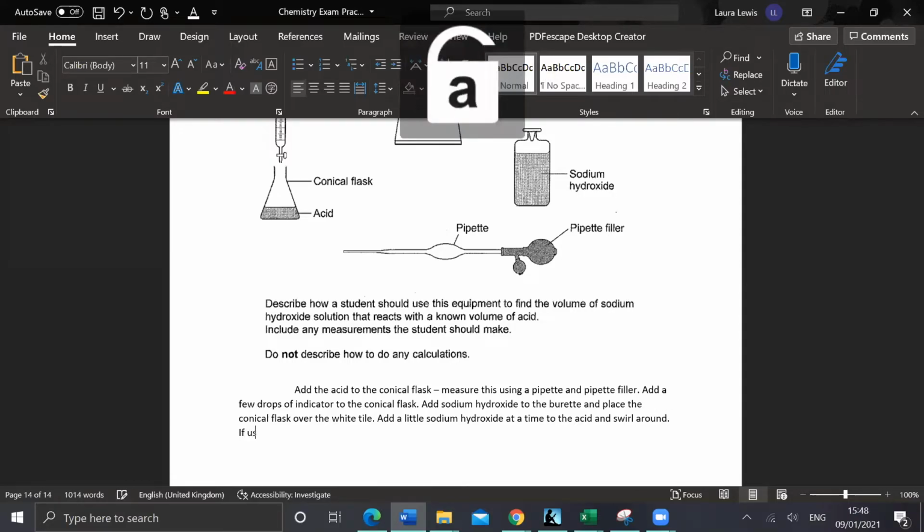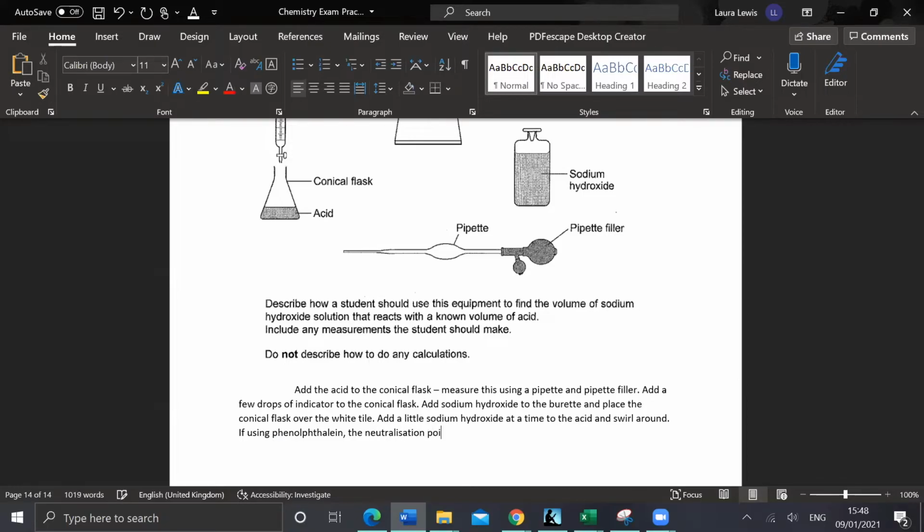So if using phenolphthalein, I can't spell it, okay, it won't catch me that time. If you're using phenolphthalein, the neutralization point would be reached when the solution is colorless.